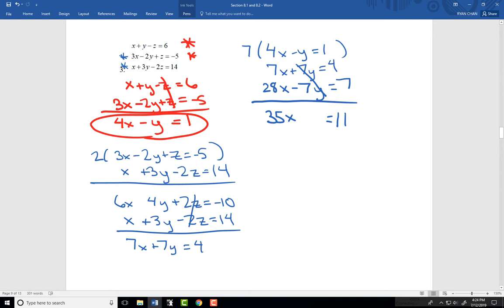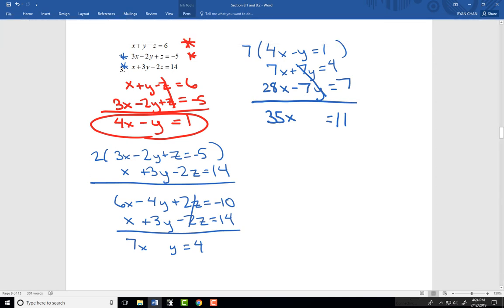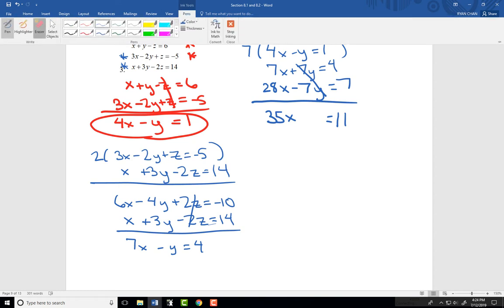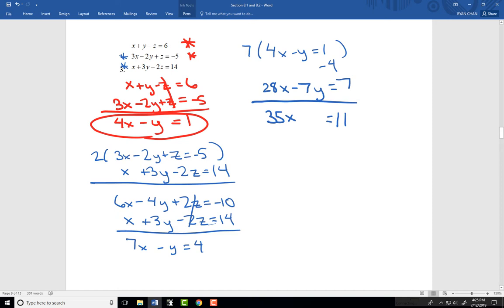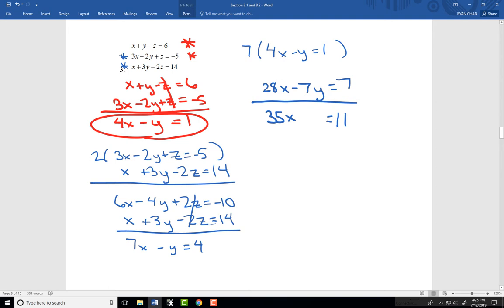So it'll be minus 4y, and that will be positive y. So this is 7x minus y is equal to 4.